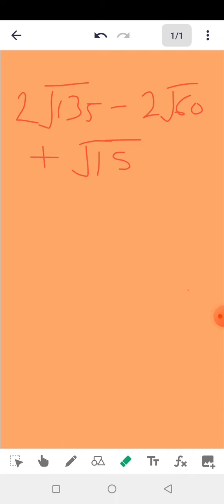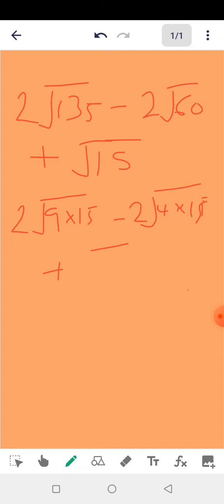So this will be 2 root 9 times 15 minus 2 root 4 times 15, then plus root 15. Okay, so 9 is a perfect square.